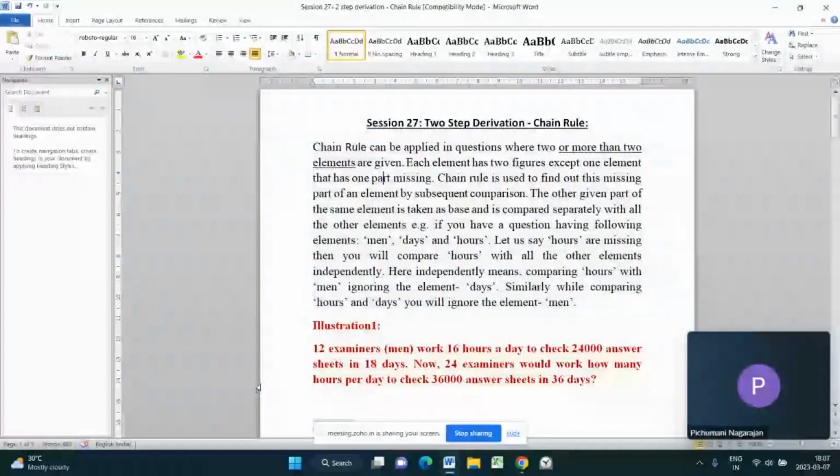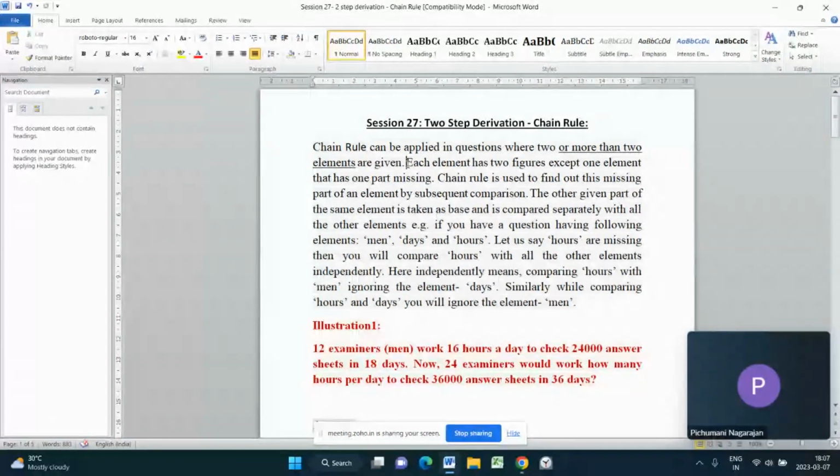So that is the first rule, where two or more than two elements are given. Each element has two figures. 7 men together completed in 5 days. How many days will 10 men take to complete? So the first element, 7 men and the days, both are fully given. The second statement says how many men will complete in 10 days.